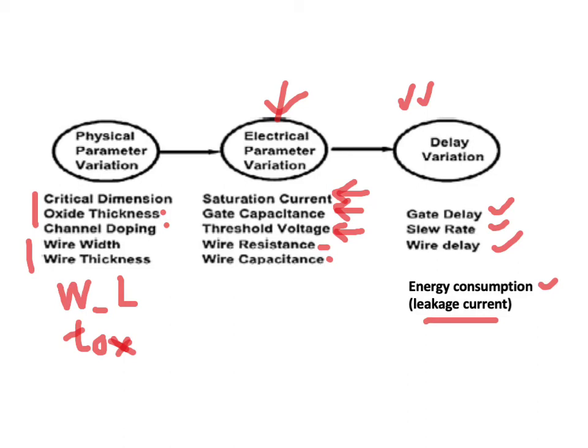And the reason we need to consider these variations is because typically in a manufacturing process, although you've designed your VLSI circuit to achieve a particular specification, there is a certain percentage of the fabricated or manufactured dies that will meet these specifications, a certain percentage that will outperform, and a certain percentage that will underperform to the extent that they may not be acceptable to the customer.